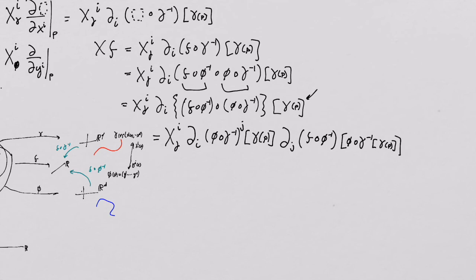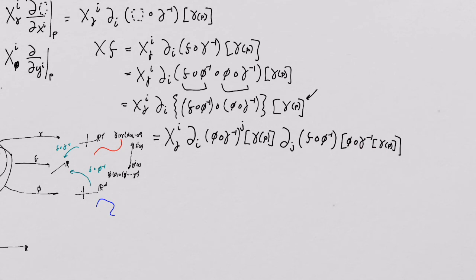So let's see if this makes sense, right? We have the jth component here summed over the jth entry derivative here. What's this thing? Well, this is γ(p), the chart representative of p, pulled back to the manifold through γ⁻¹, and now it's φ of p in the manifold, so this is the chart representative of p in the φ chart.